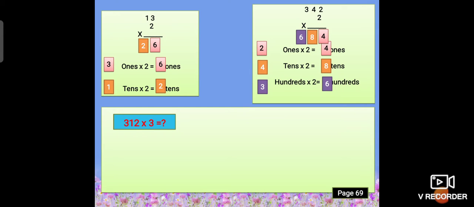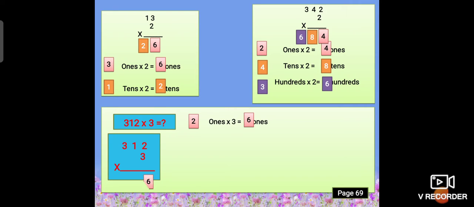Now we have 312 times 3. So let's work first on 1. How many ones we have? So we have 2 times 3 equals to 6. So we put 6 under the ones, and then let's work on 10. How many tens we have? Yes, 1 times 3 equals to 3.